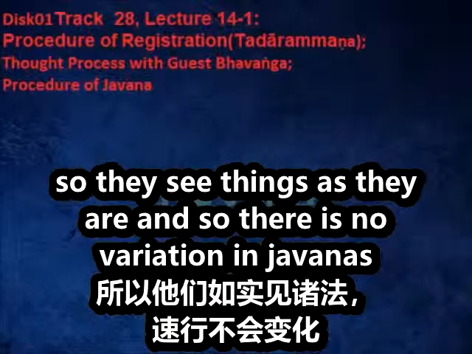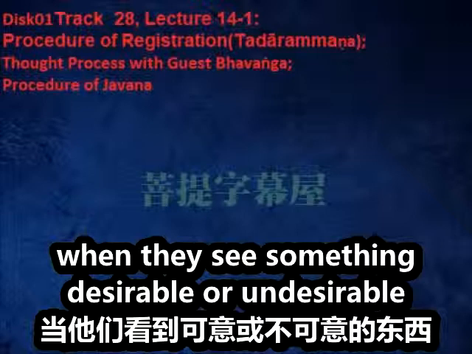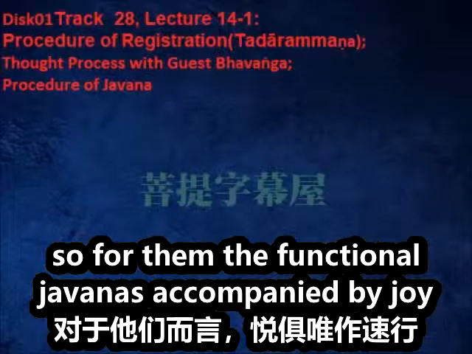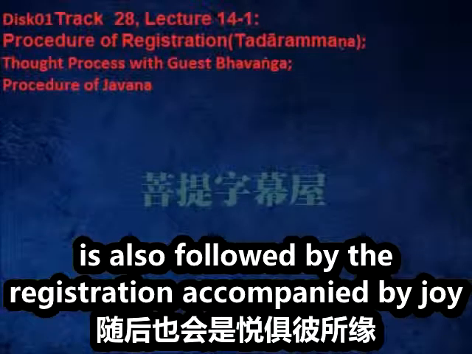So they see things as they are, and so there is no variation in javanas when they see something desirable or undesirable. So for them, the functional javanas accompanied by joy are also followed by the registration accompanied by joy.